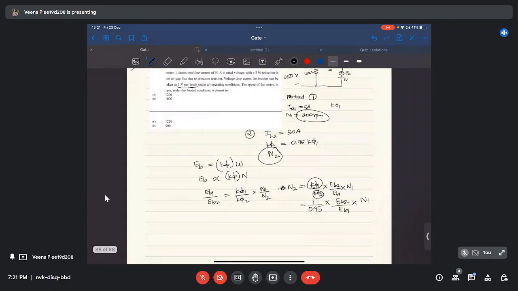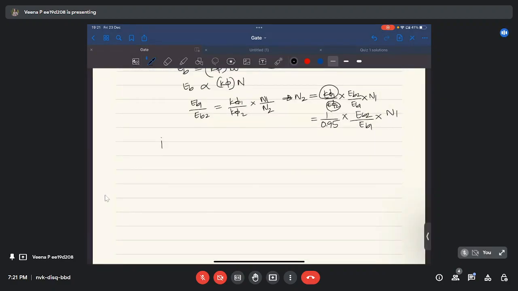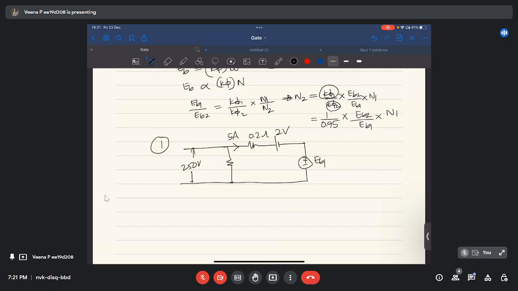In the equivalent circuit, we know that there is brush drop involved. So in case 1, when we apply 250 volt, there is a brush drop of 2 volt. This is EB1. It is given in the question that this current is 5 ampere, this resistance is 0.2 ohm and this is 100 ohm.